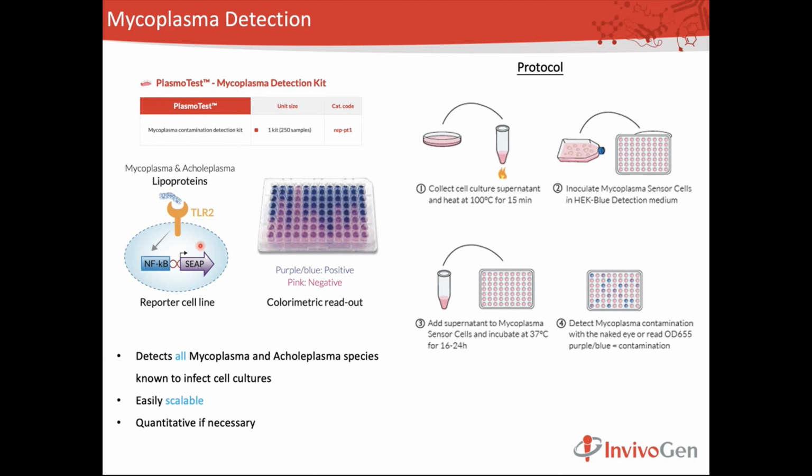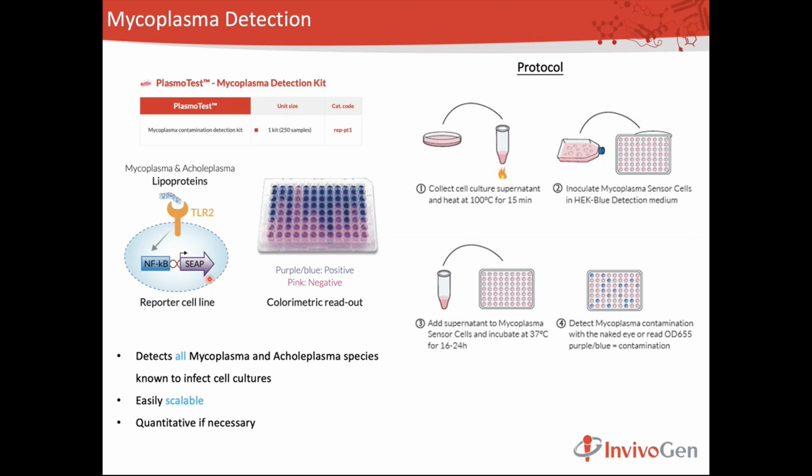So we adopt this pathway and build a stable reporter cell line by connecting NF-κB to an alkaline phosphatase reporter gene. When this reporter cell line senses Mycoplasma, this pathway will be activated, producing the alkaline phosphatase.